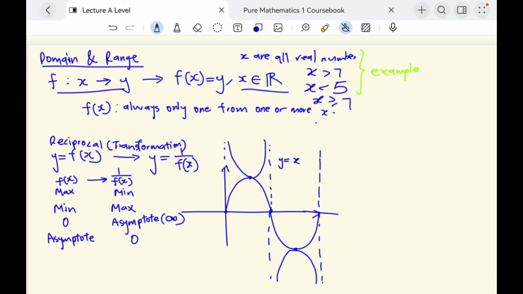So that means generally Fx is always only one. Okay? Only one codomain that lies in the range from one or more X. Okay? So this is what I am trying to explain. Alright?